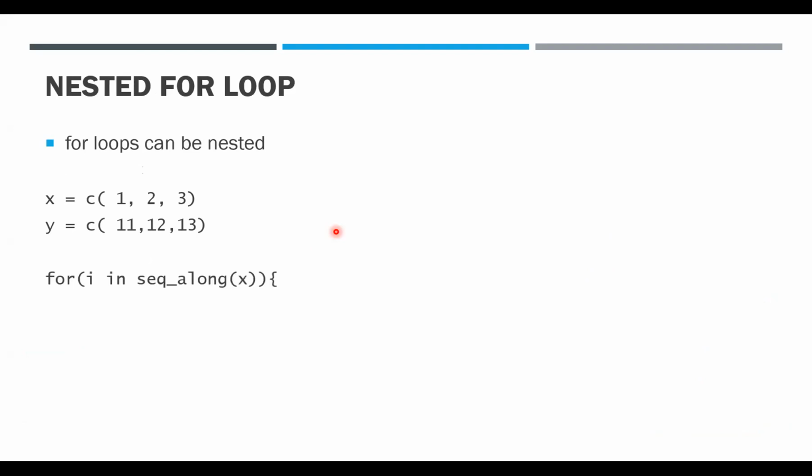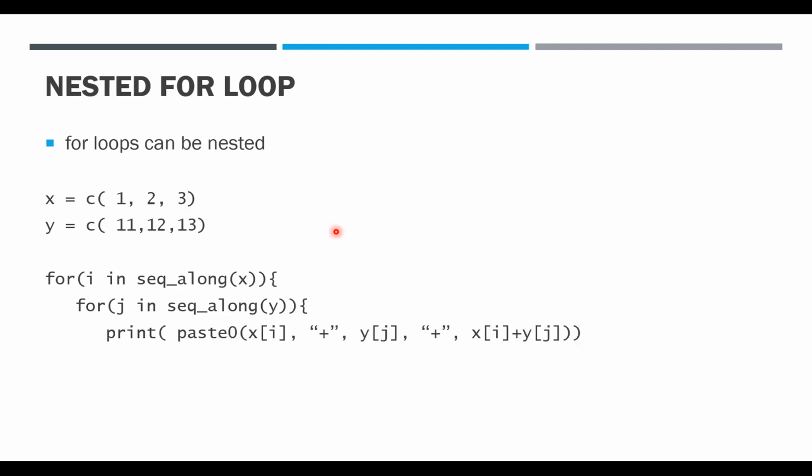I'm going to write a nested for loop. So for i in seq_along(x), inside the first for loop, I have another inner for loop where the index now is j and not i. Okay, and then I'm going to finish it out with a statement there. So I'm going to print out the value from x, so x[i], this will just say element from x plus an element from y equals the 2 things combined.